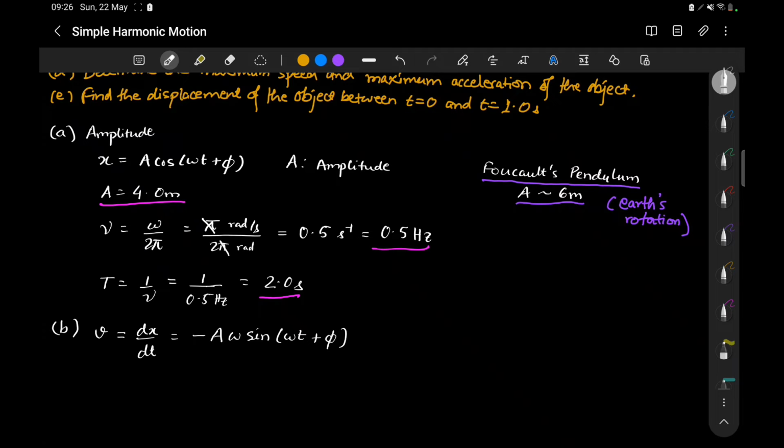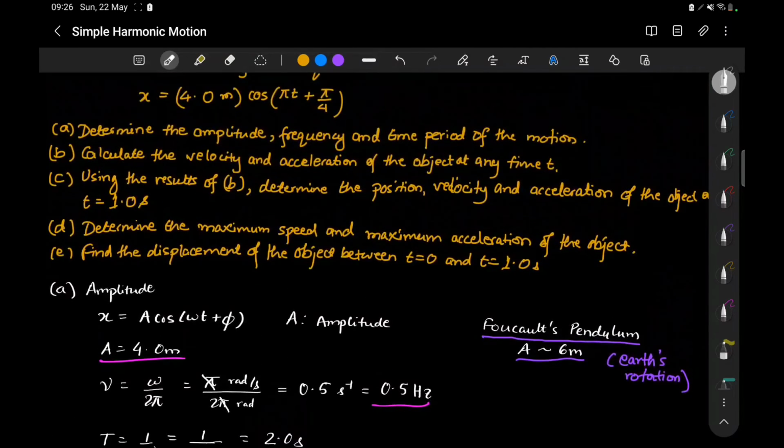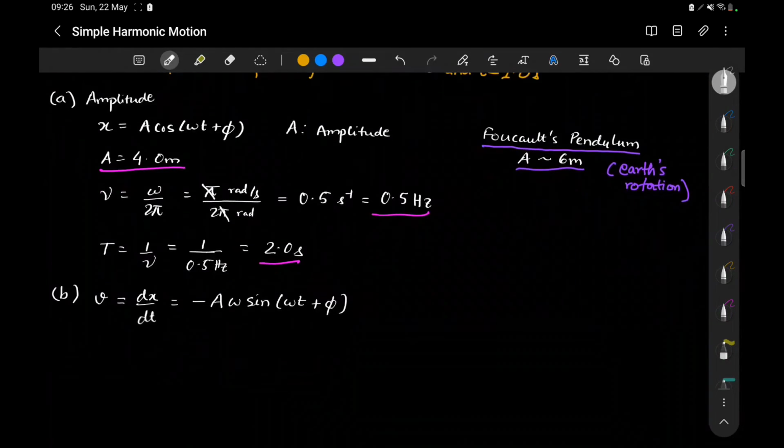Now if we plug in the values given for our question, we get this.